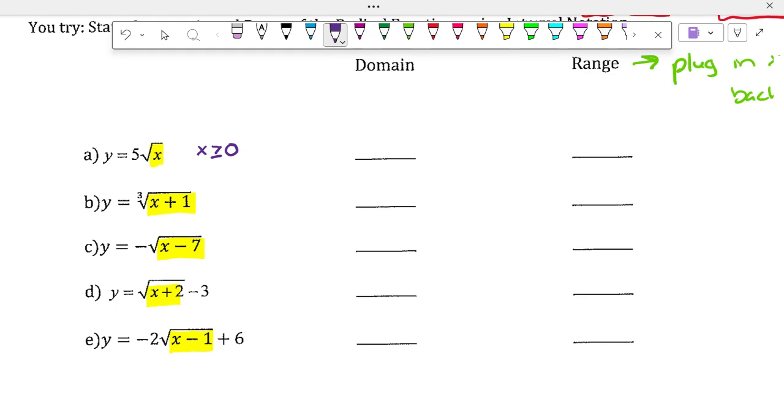No, there's nothing to solve for. So what would it be in terms of interval notation? Lowest would be 0. It has a bracket because it's equal to. Where does it go to? Infinity.